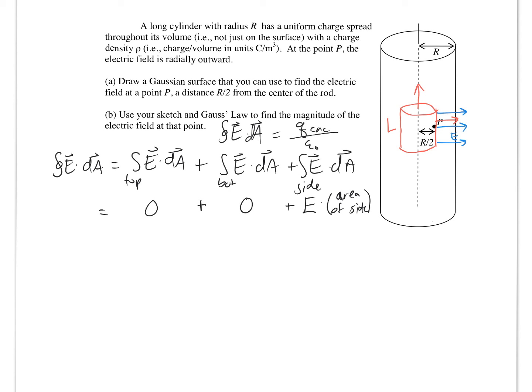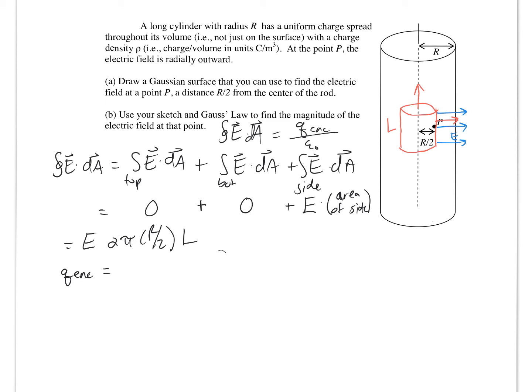Okay. So that means that in total, this is going to wind up being E times the area for the side of our cylinder, which is the circumference of the cylinder, 2 times pi times r over 2, times the length of the cylinder.